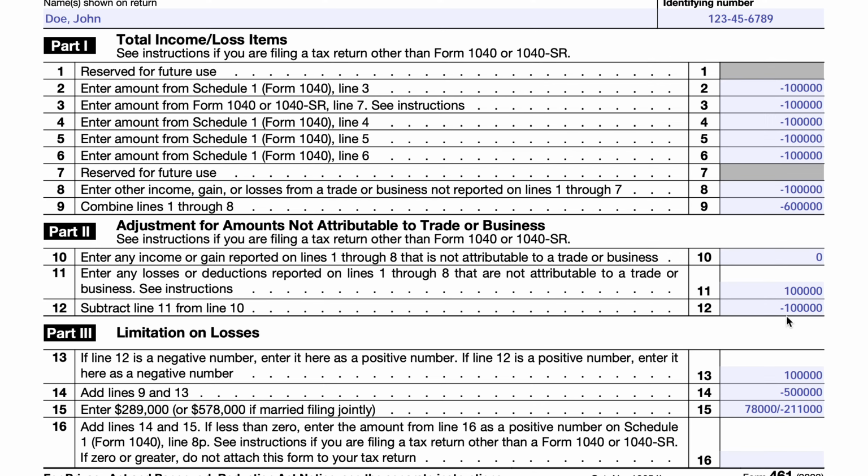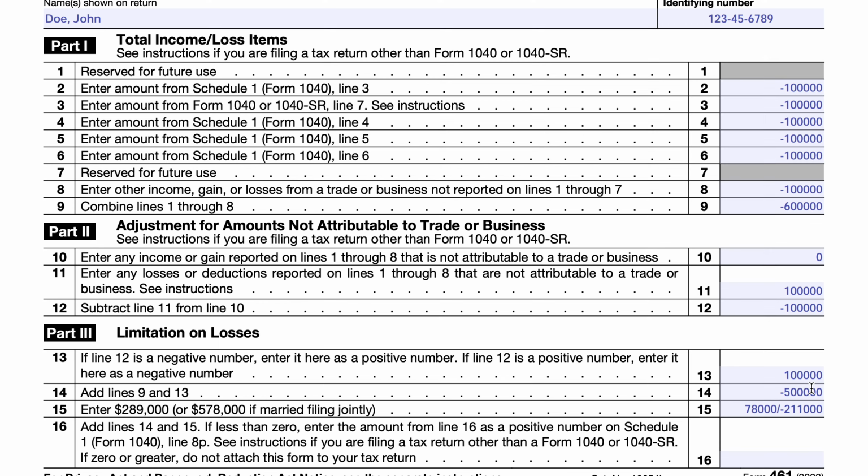So since we reported this as a loss, we're going to turn it into a positive number. If this was a $100,000 gain, we would be turning that into a negative number. And then once we've got the proper plus minus sign in front of this number, we're going to combine that with the part 1 total from line 9. So we've got minus $500,000.